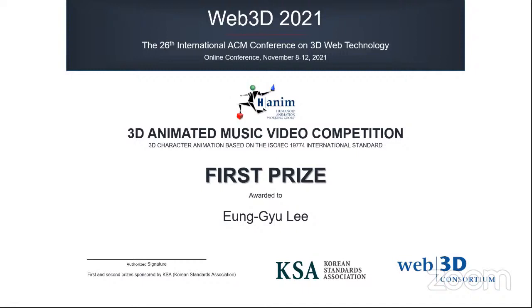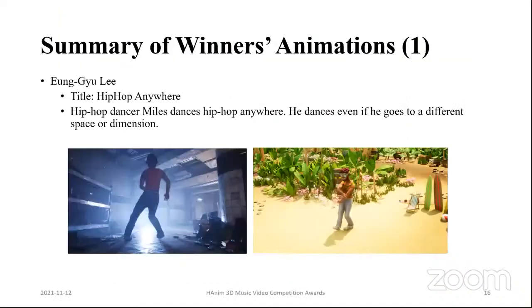And second prize is awarded to Gyuri Cho. Now to the summary and the scenario for each video. This is the scenario of Eun Lee's animation. His animation is about hip hop anywhere.